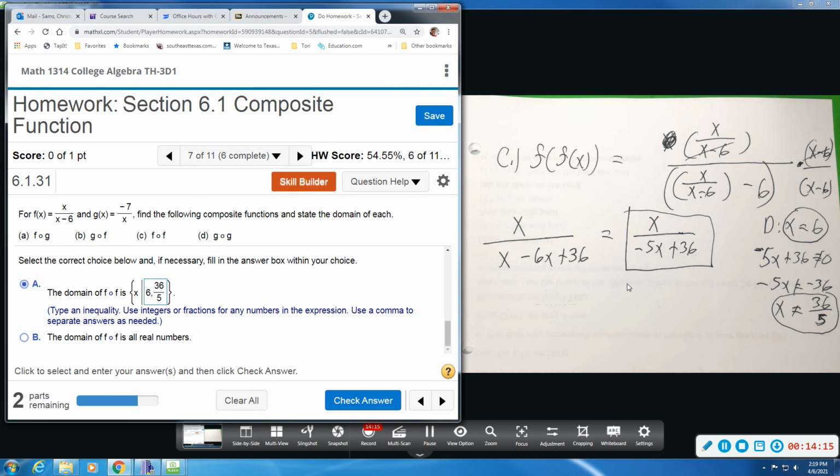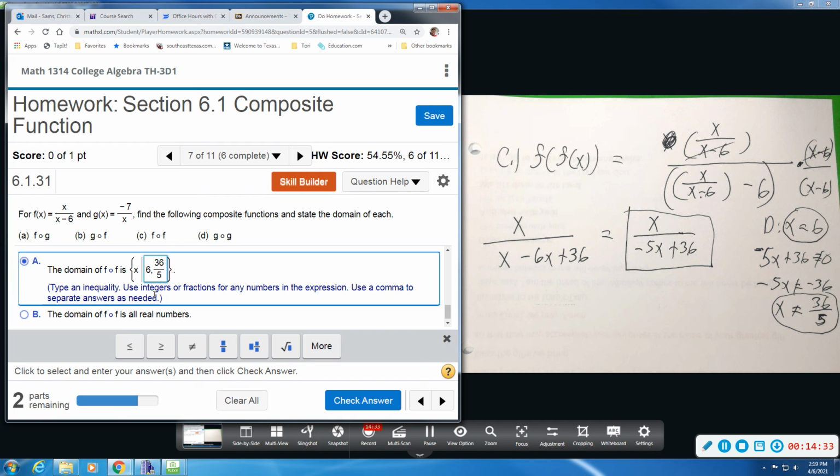Okay, let's make sure I haven't made any mistakes. We can't use 6 for sure. Oh, did I not put my x is not equal to? That's what I'm missing. X not equal to.